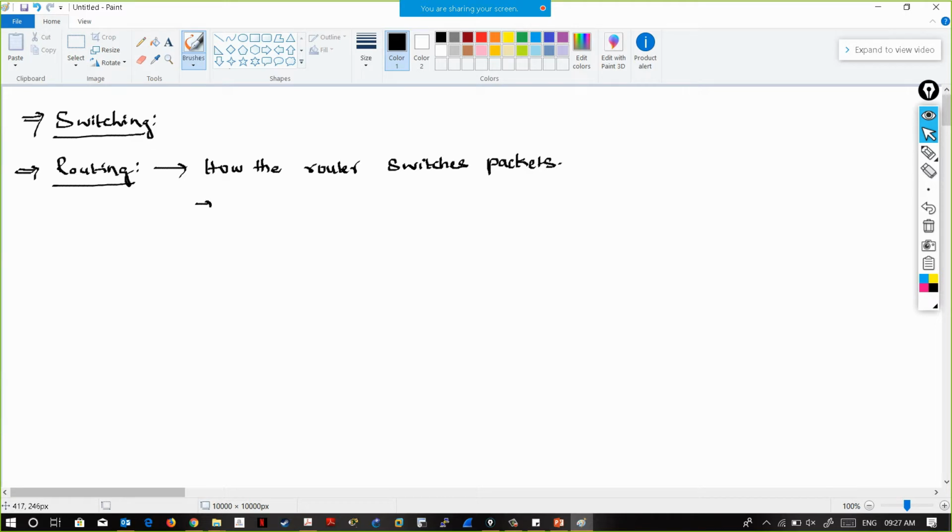We have seen process switching as a part of last weekend, process switching, fast switching, and the last one is Cisco Express Forwarding, forwarding or switching, right?